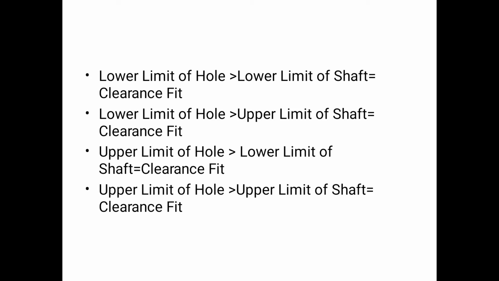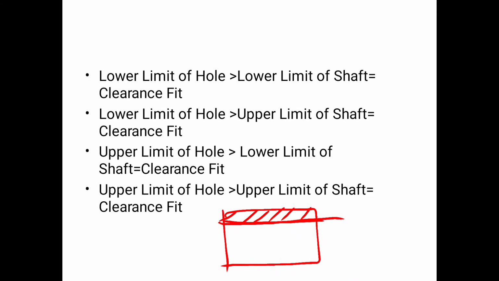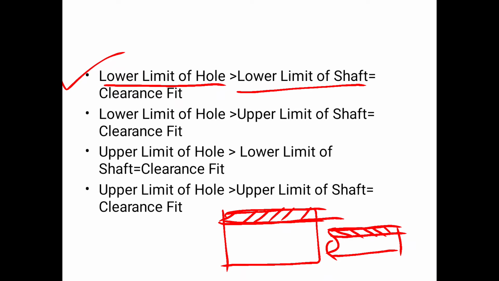See, there are two limits. If this is the hole, having this one is the lower limit, this one is the higher limit. And see, this is the shaft, this shaft is having this much is the higher limit and this much is the lower limit, and this is the tolerance zone. Then see, from first point, lower limit of hole is greater than lower limit of shaft.